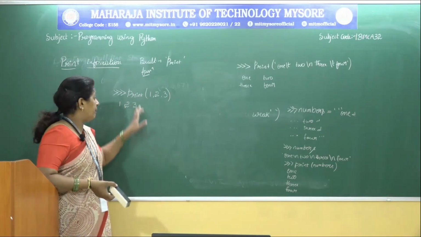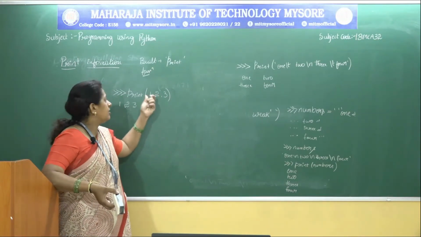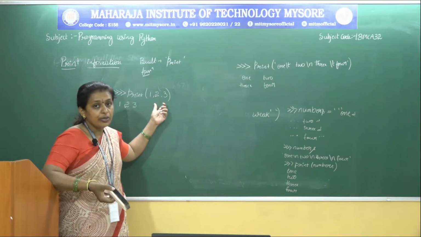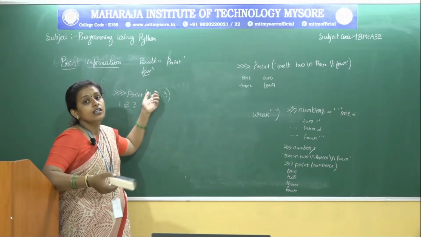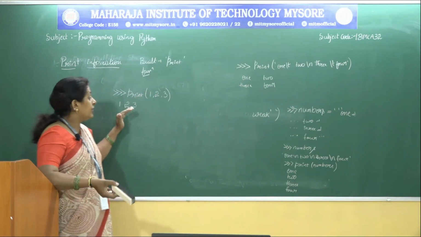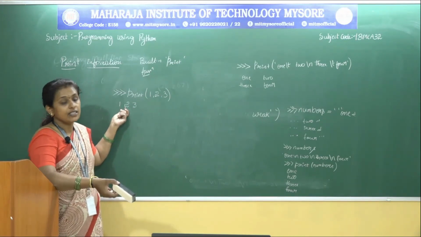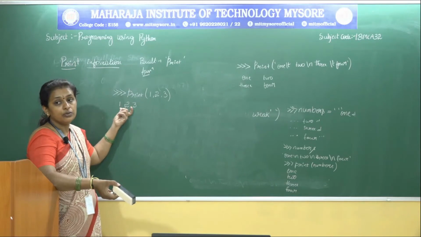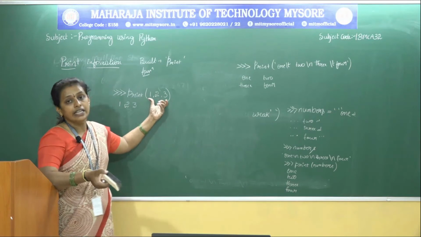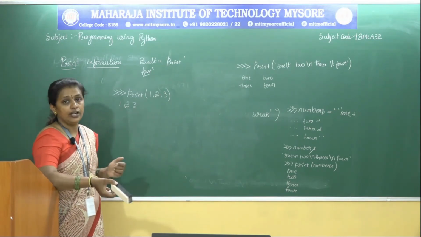In print, the comma is the separator between the list. When we are passing many arguments, the comma is the separator between the values. When we print the values, it gives a single space between each value. When the expression ends, it gives a new line after the last value.